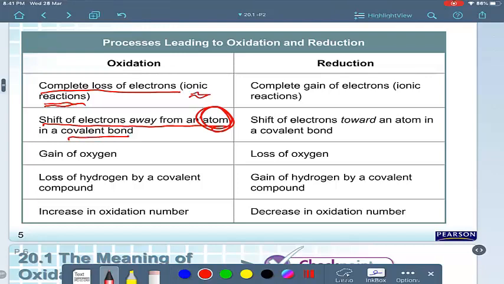If it shifts the electron, like losing or partially losing, it means oxidation as well. And we said before, you remember, gaining oxygen means oxidation, losing hydrogen in the covalent compound means oxidation, or an increase in the oxidation number.